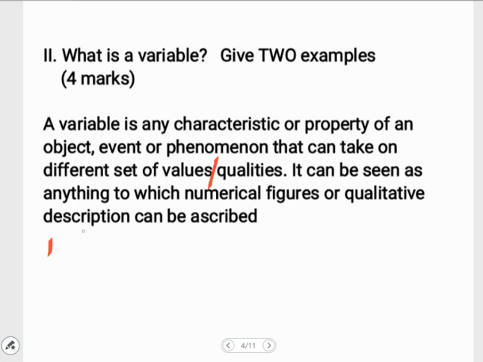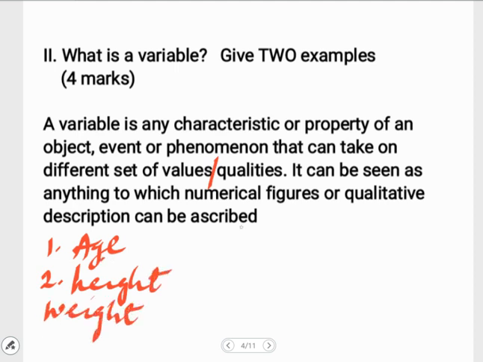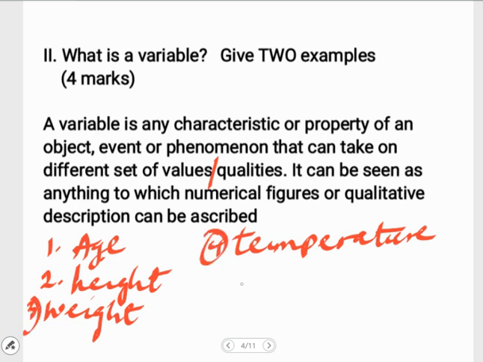Examples of variables include age, height, weight, temperature, distance, and so on. All these are variables because they can take on a different set of values.